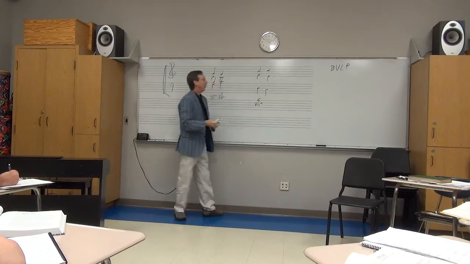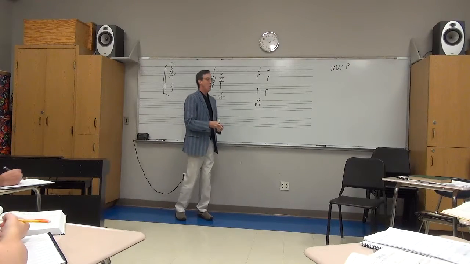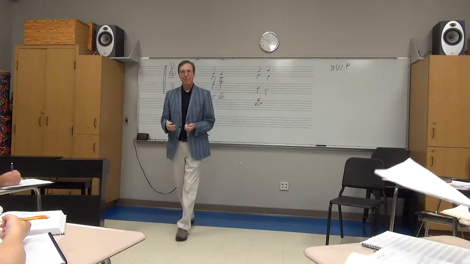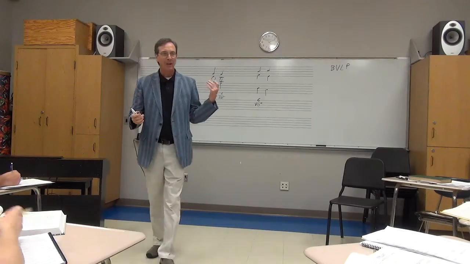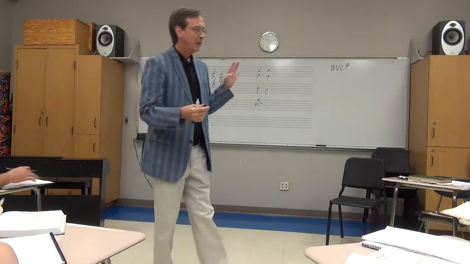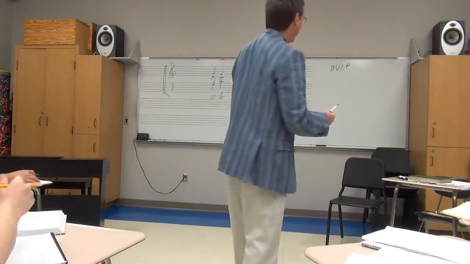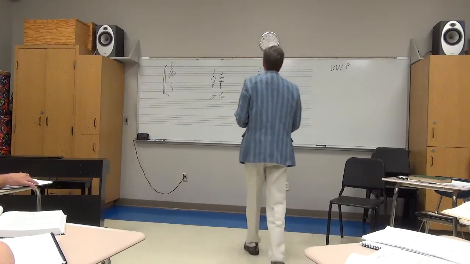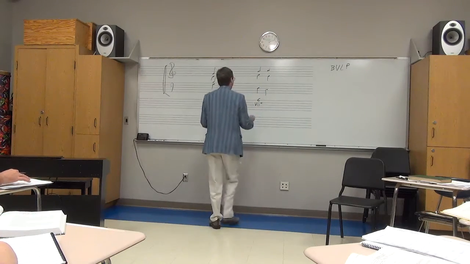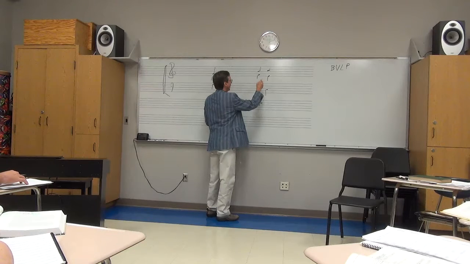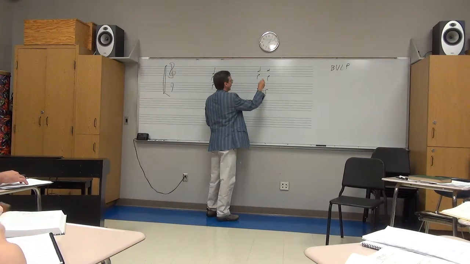Now, I probably don't want to double the B or the F, because then that sets up two sets of tritones, doesn't it? And I can't make them all resolve correctly, so it's a little confusing to know what to do.